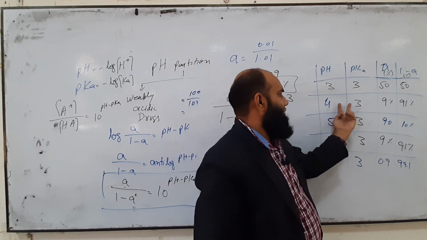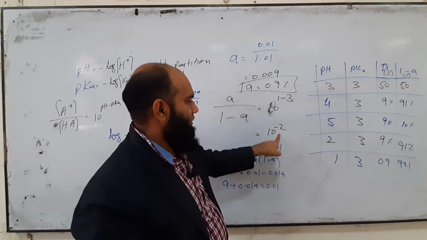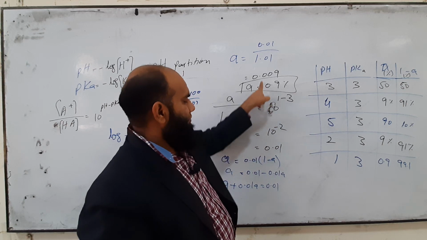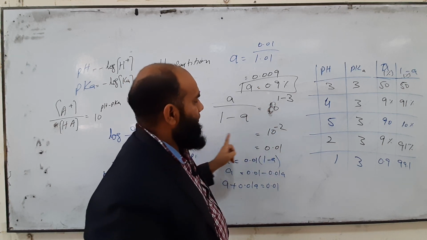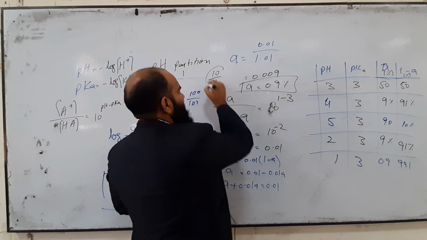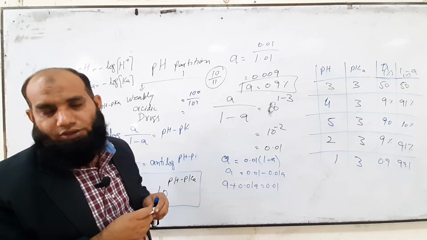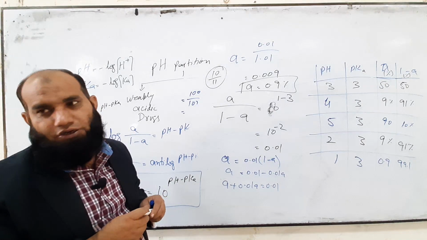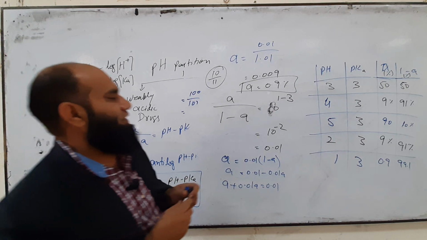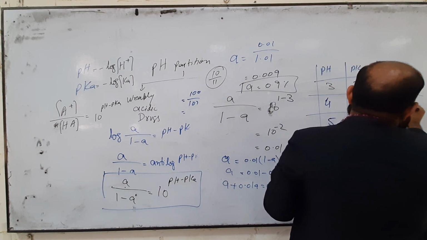Okay, we have the difference of 1. 1 means here, for example, it's 10, and 10 means it will be 10 by 11. What will the 10 by 11 be? 10 by 11 is 0.9, means 90% ionized. We should correct here, it's 90% and it's 10%.